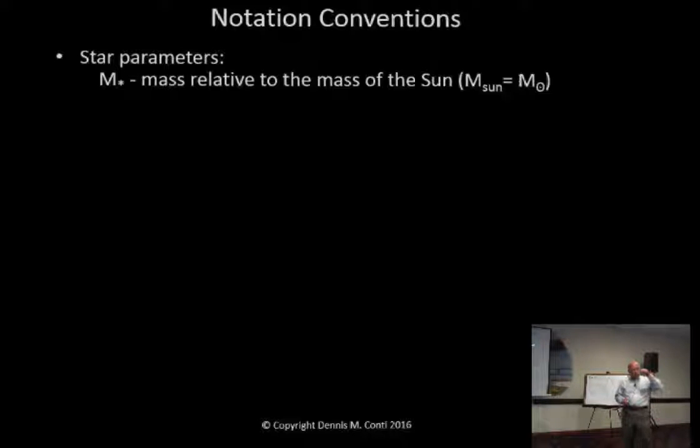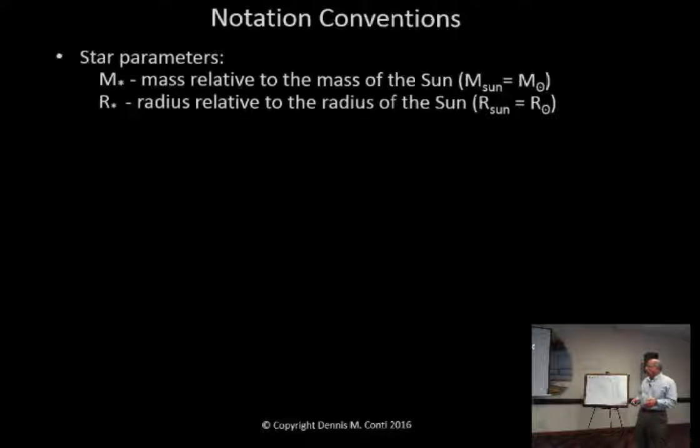M with a little asterisk, meaning the mass of the star, which is generally relative to the mass of the sun. So M star equals 1 says that that star has the same mass as our sun. M sun, of course, is the mass of our sun, and there's a couple different notations for that. The same with radius. So star parameters are generally noted relative to measurements of our sun.